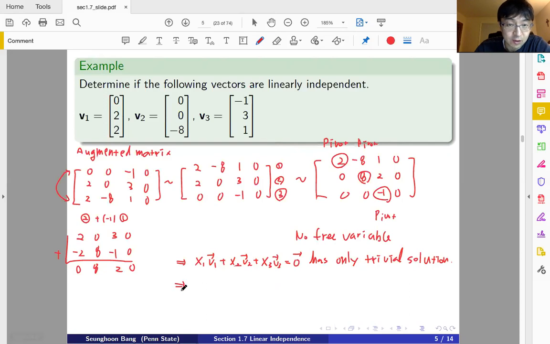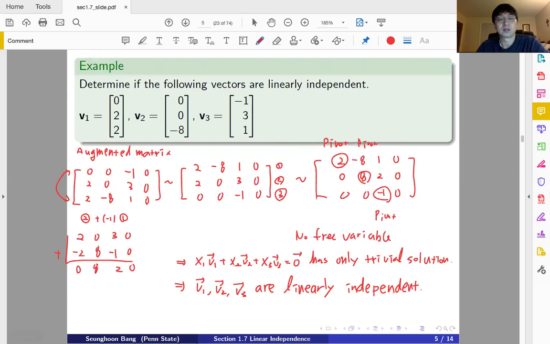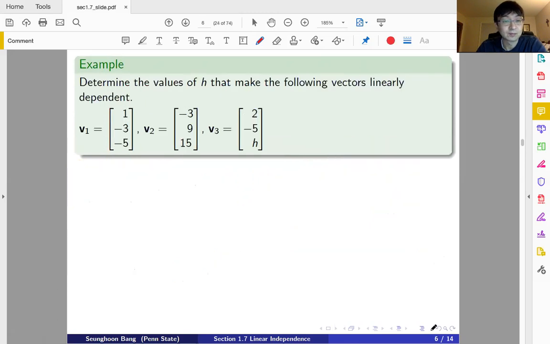So what's your final answer? These vectors, v1, v2, v3 are linearly independent. This is the whole idea.